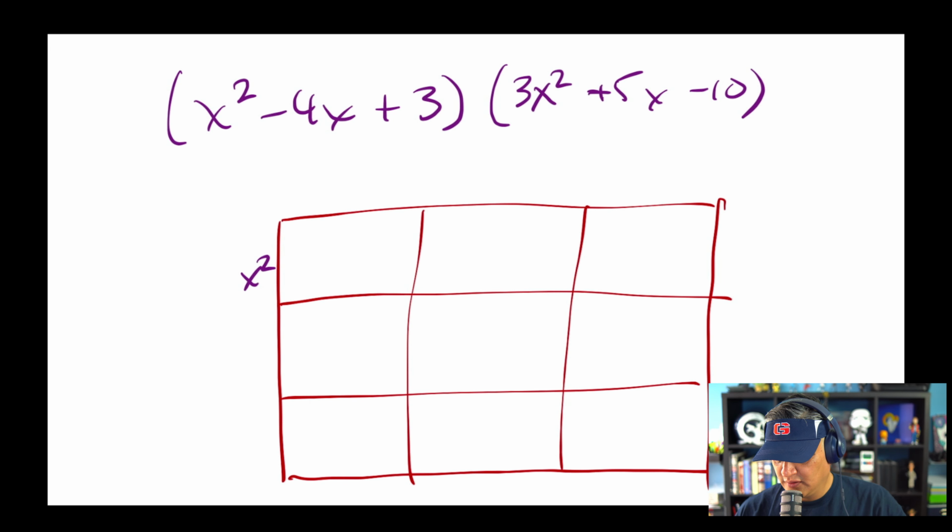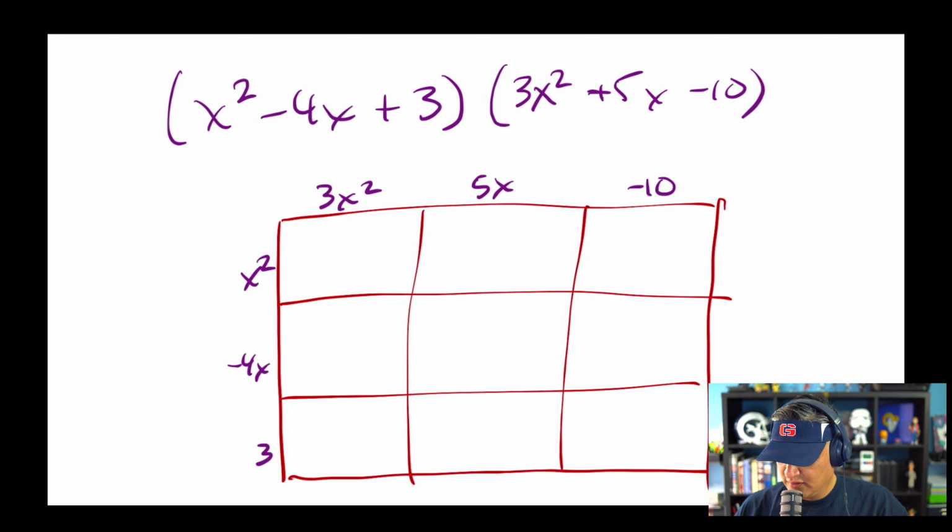X squared minus 4x and 3. So that whole side represents the polynomial. Then the other side is going to represent the other polynomial. 3x squared, 5x, and minus 10.